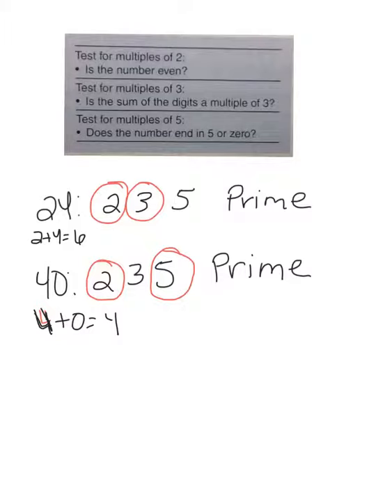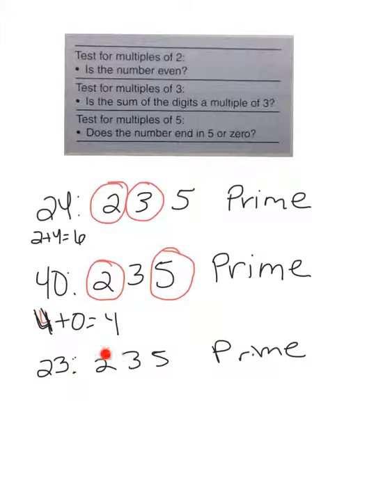Let's try one more. Try 23. Using the 2, 3, 5 rule to check if it's prime. Okay, first thing I'm going to do, is the number even? Is this number even? No. It ends in a 3. That is odd.